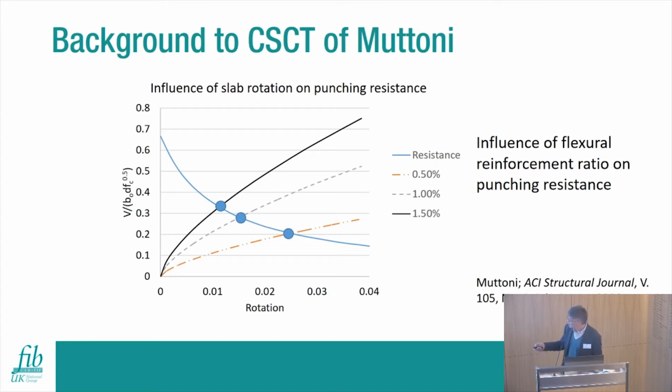And what we see is that the failure load is given by the intersection of the load rotation and resistance curves. So each of the blue blobs corresponds to a predicted failure load. And we see that the effect of increasing the flexural reinforcement ratio is to reduce the deformation or the rotation of the slab, which leads to a reduction in the critical shear crack width and hence an increase in shear resistance.